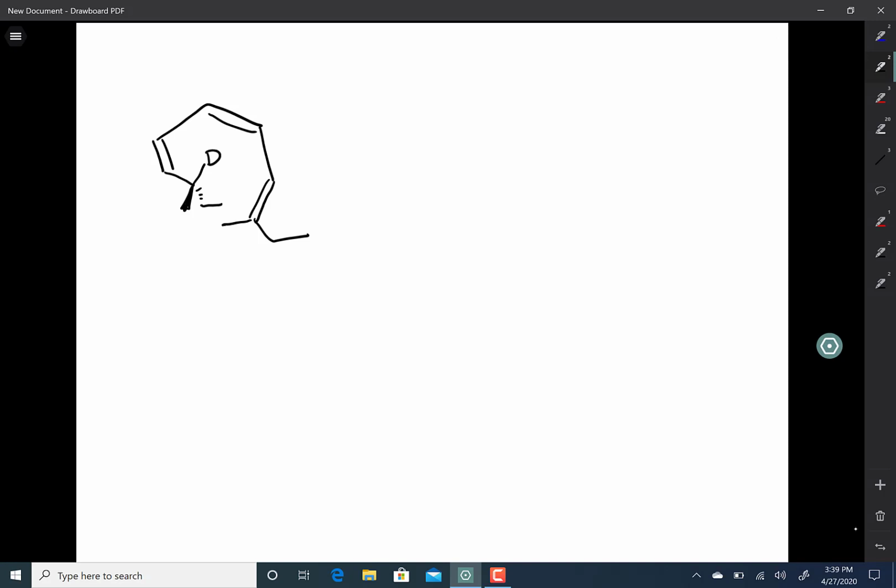So an example might be something like this. You start with this optically active compound, you heat it up, and the deuterium transfers.